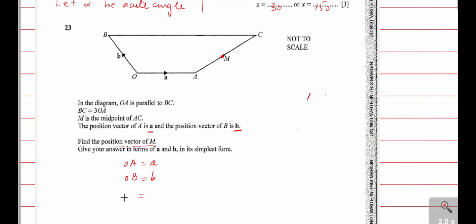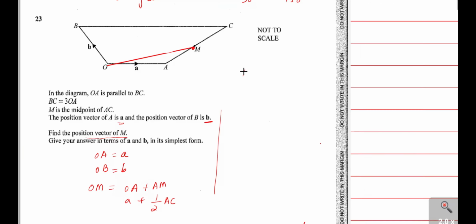We can write OM equal to OA plus AM. This is the position vector of OM. Now OA here is a, and AM here is half of AC. We can write AC equal to OC minus OA, and OC, look here, this is the OC vector, and this OC vector will be equal to OB plus BC.